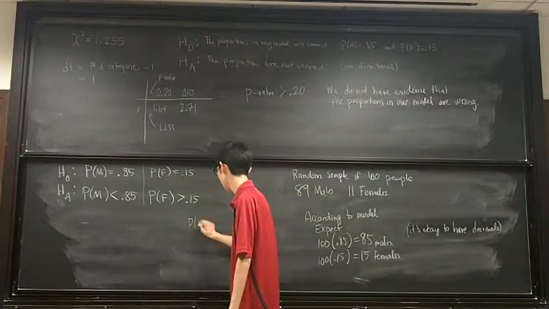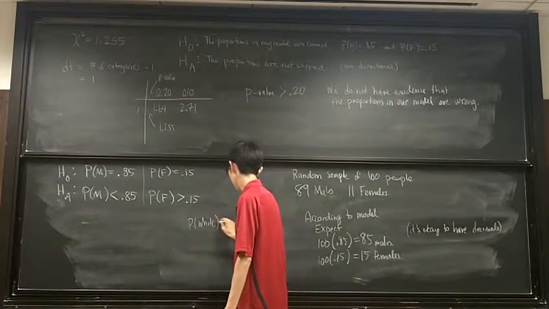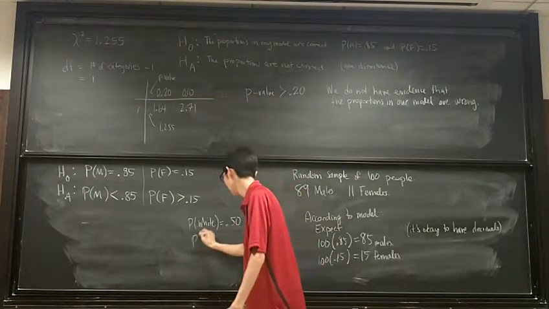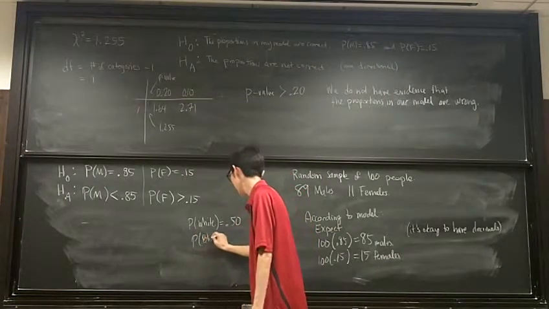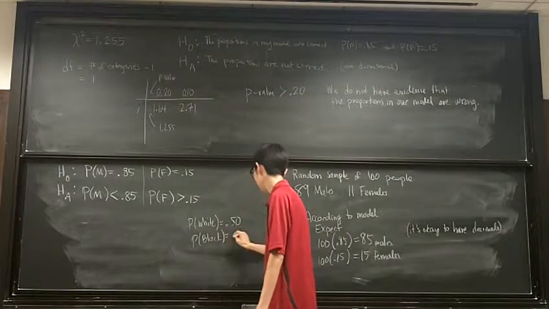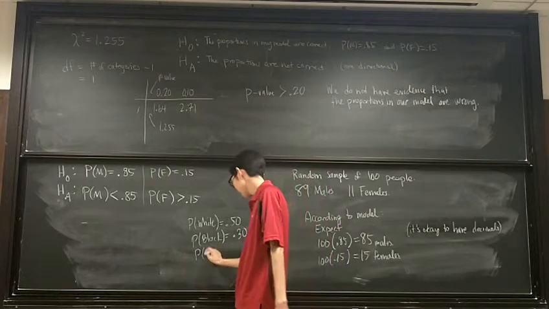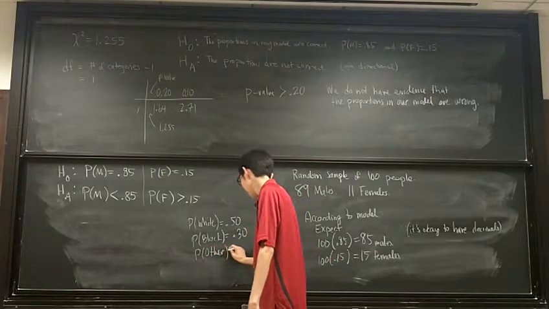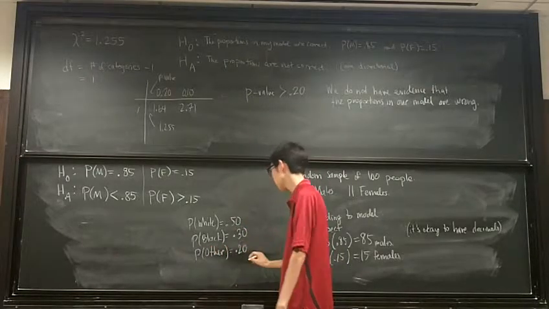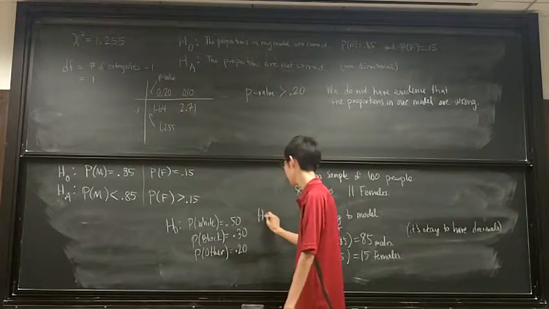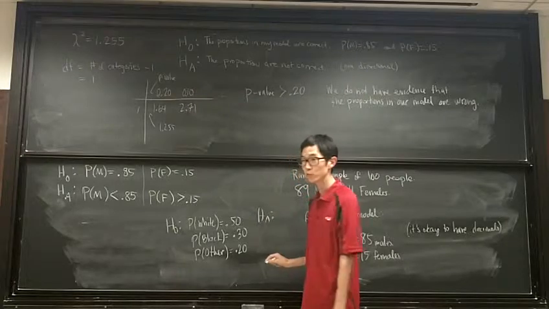Maybe we could say proportion white is 50%, proportion black is 30%, and proportion, just for now, other, 20%. If this was the null hypothesis, the alternative hypothesis states that at least one of these is wrong.